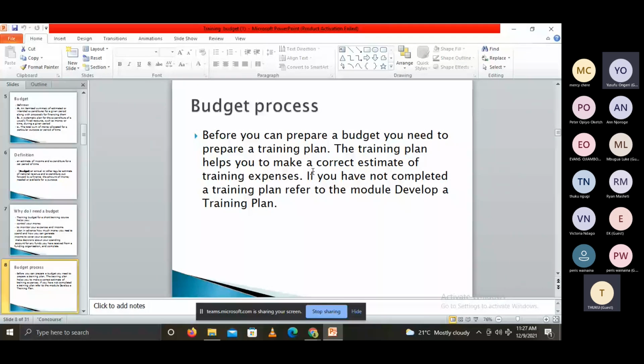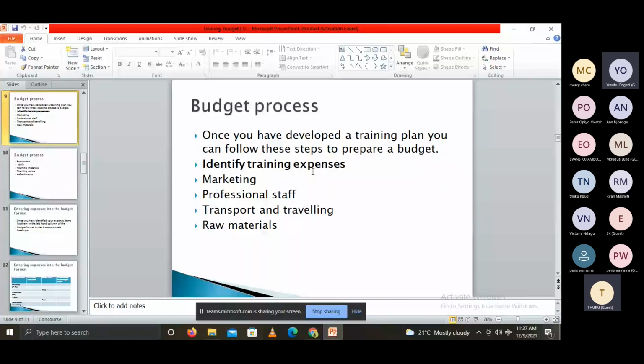So a training plan helps you to identify all that, and to make a correct estimate of the training expenses. If you have not done a training plan, you may refer to the module and develop a training plan. A module is what guides you into what the training entails.